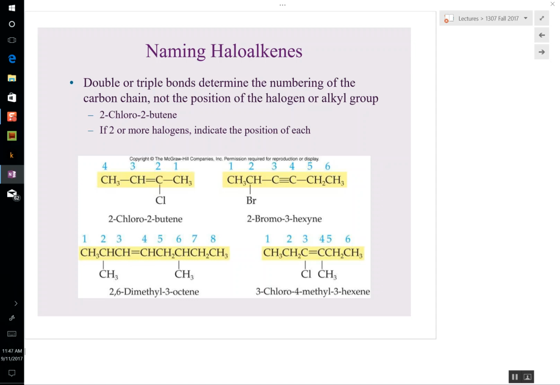These are the haloalkenes here, and here is just a dimethyl. So 1, 2, 3, that's where I'm getting that 3-octene. On number 2 and on number 6, I've got methyl groups, so 2,6-dimethyl-3-octene. Then 2-chloro-2-butene. So 2-chloro-2-butene.